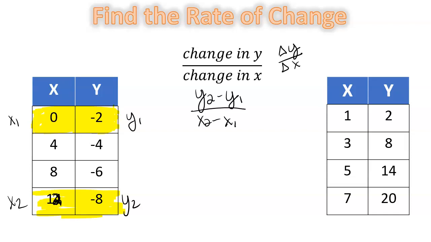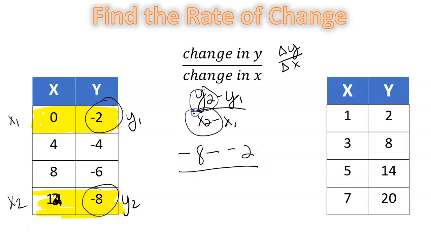And then we're just going to plug into the formula. So y2 comes first, which is -8. Then I need a minus sign, and then y1, -2, over x2, which is 12, minus x1, which is 0.